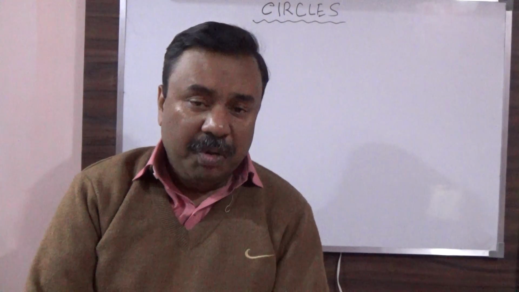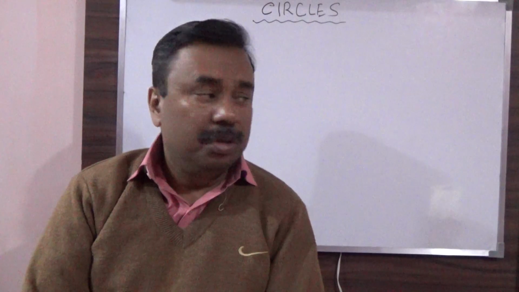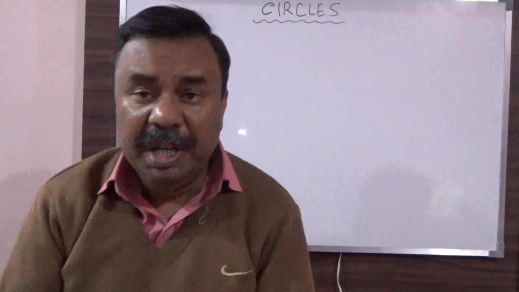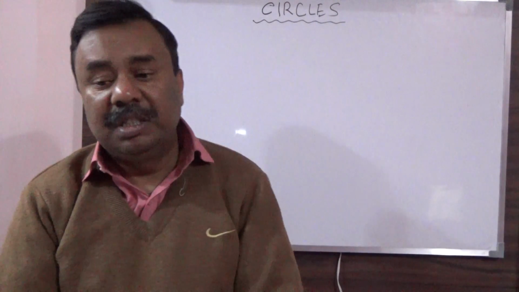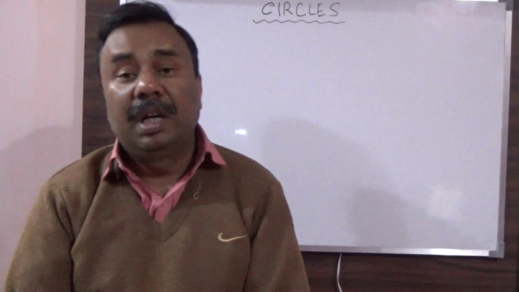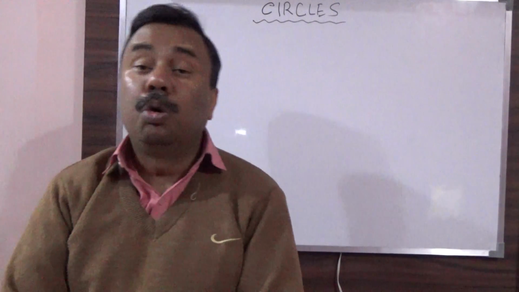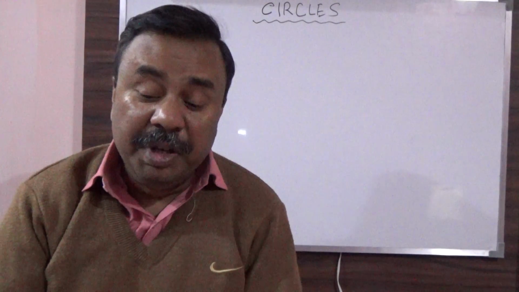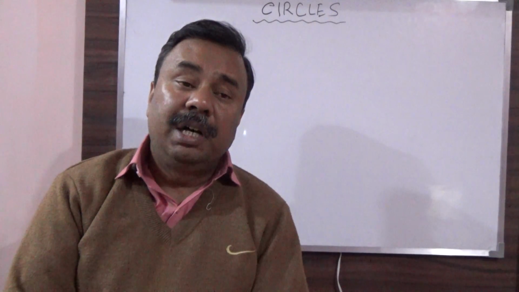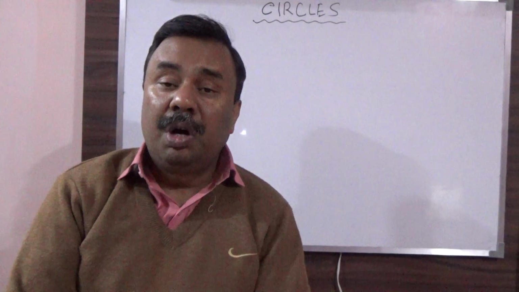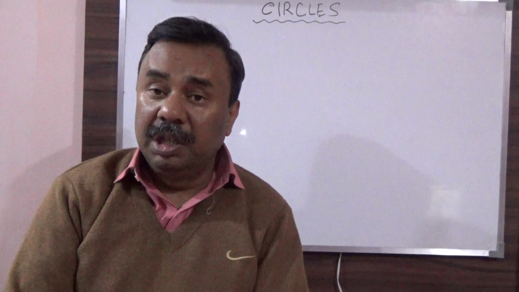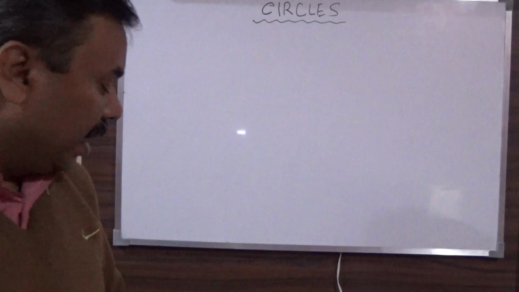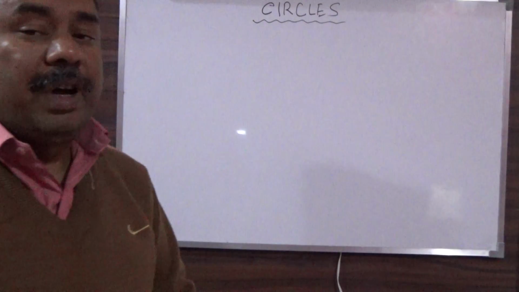Now before I start, I would like to tell you the meaning of a circle. A circle, as you know, is a set or collection of all the points, or I can say the locus of all the points, which are at the same distance from one given point, and that given point is called the center of the circle. So using this fact, I shall try to find out the equation.